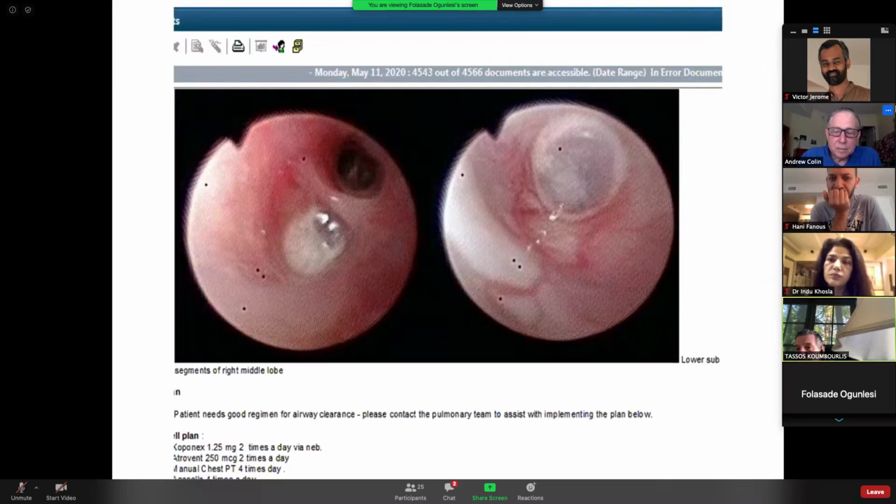We think that she had these lesions all over the place, but these were not abscesses. There were no really secretions underneath. These were just membranes occluding the airways, which is a little different.